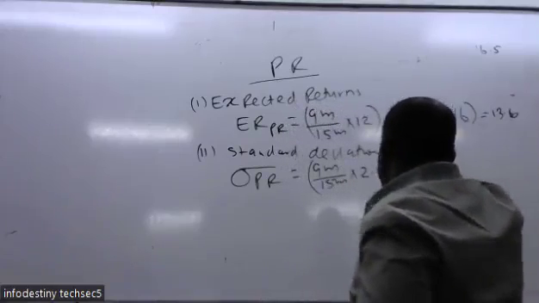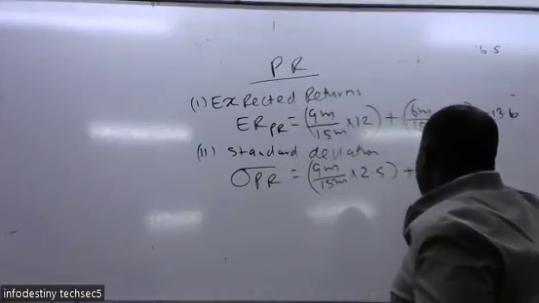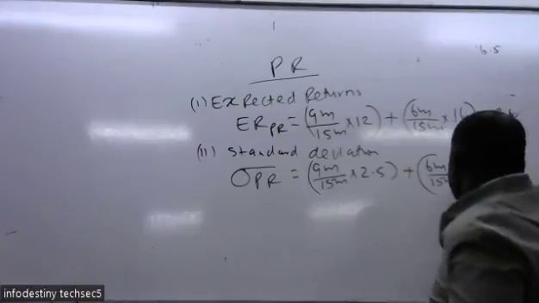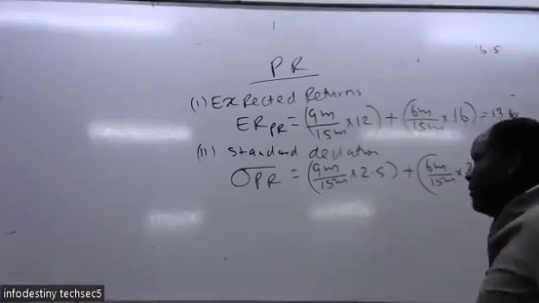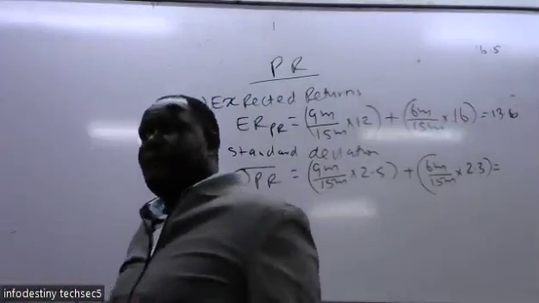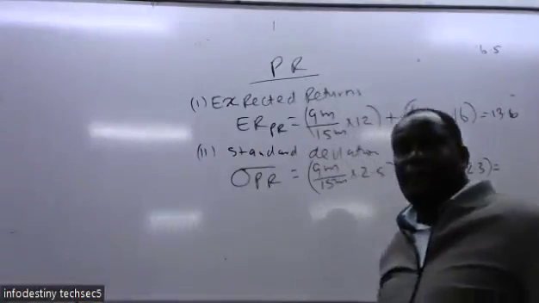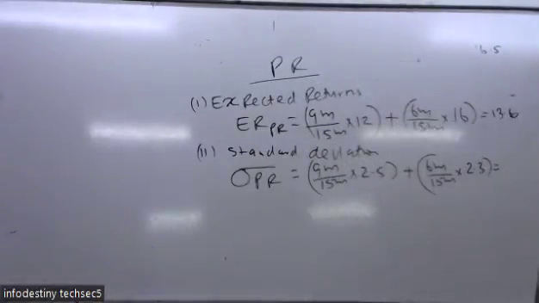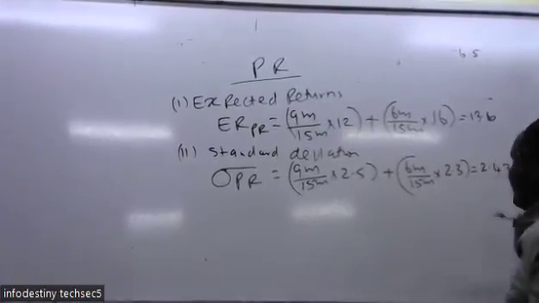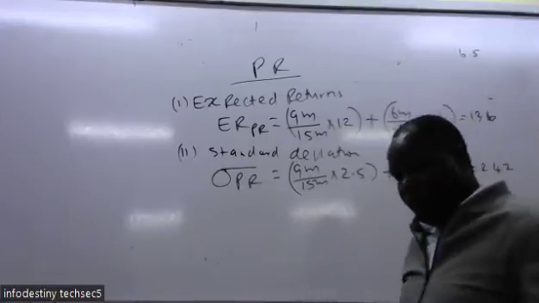Then you also add 6 million divided by 15 million, multiplied by the standard deviation for R, which is 2.3. So you add them together and get 2.42.